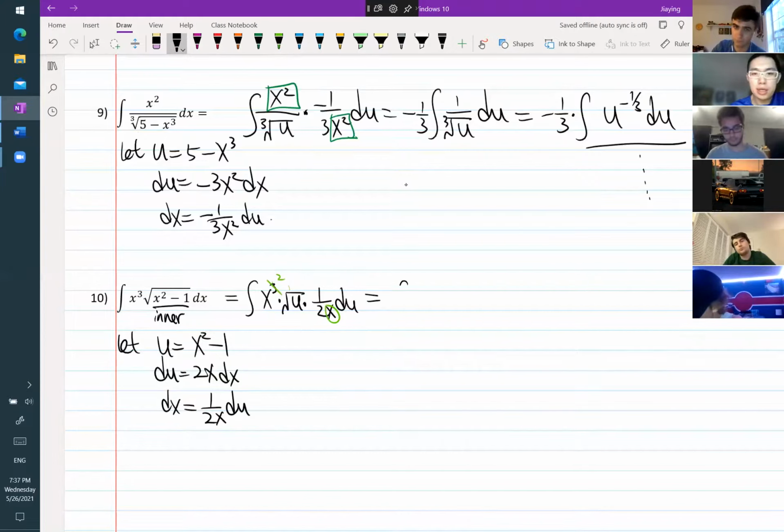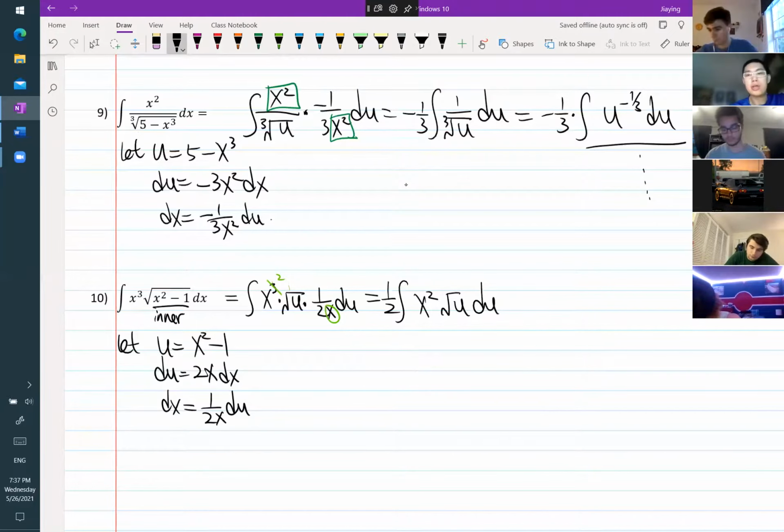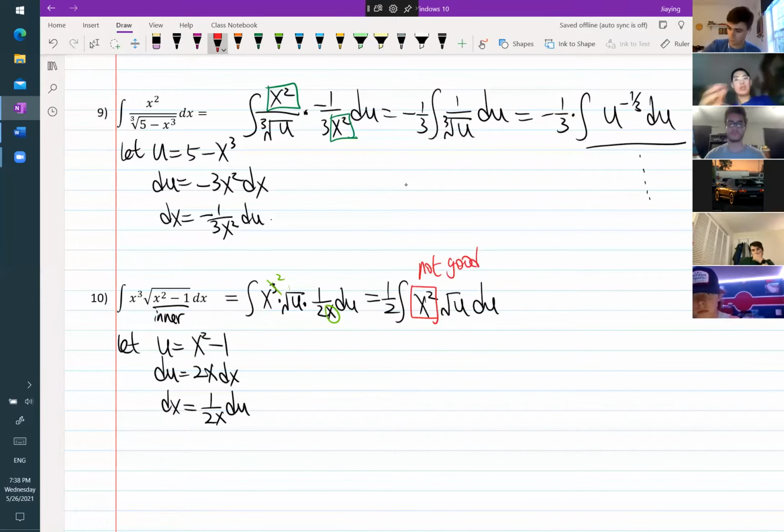So I get integral of x squared square root of u, and then 1/2. The 1/2 I'm going to put in front of the integral always, and the du. So we almost get what we wanted, right? Except for the x squared. So this is not a good term, because we cannot integrate directly with x and u all in there. We're going to do something.